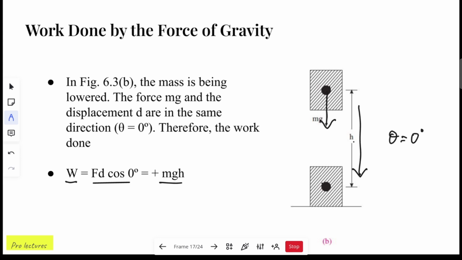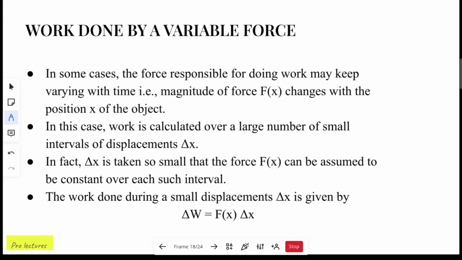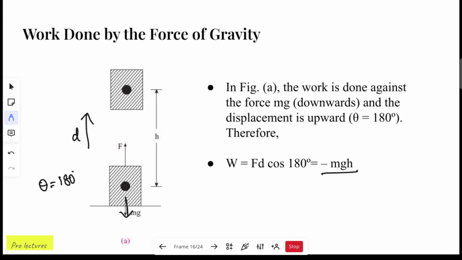So we say the object is lifted up. The work done by the gravitational force is negative. But the work done by the person lifting the object is positive. Let me clear this part. Here we need to see about the interpretation part properly.